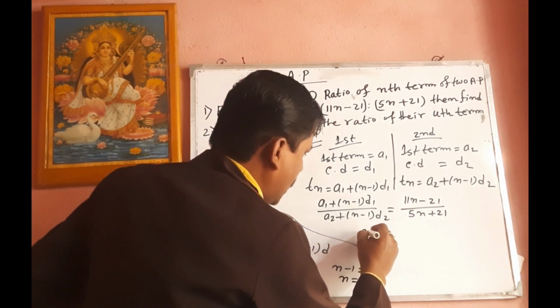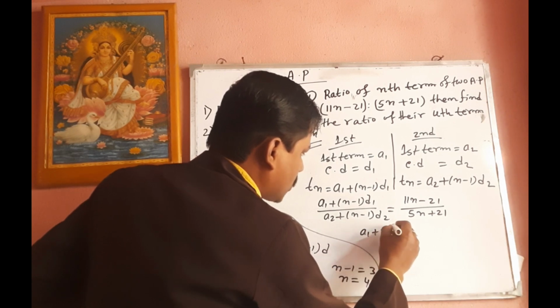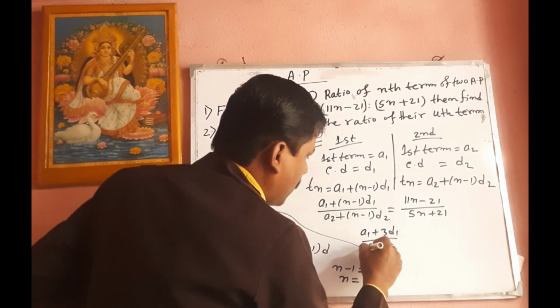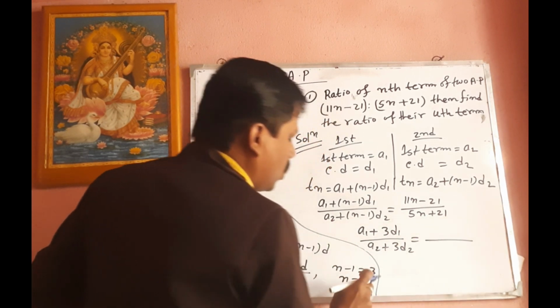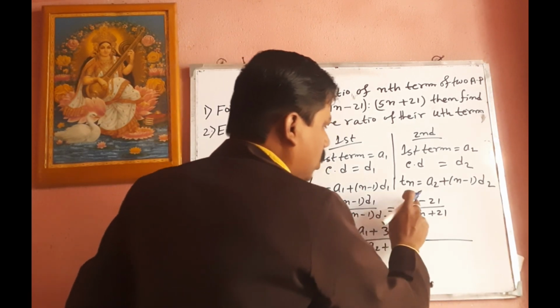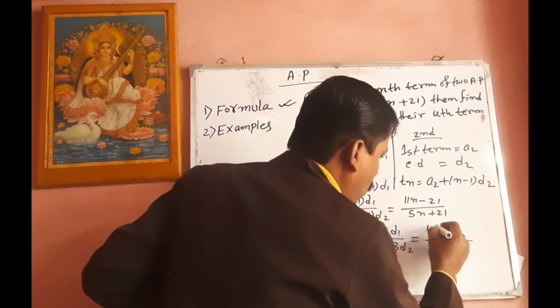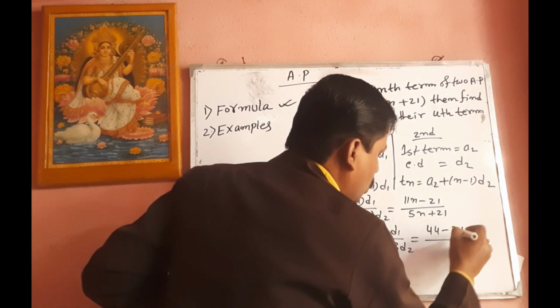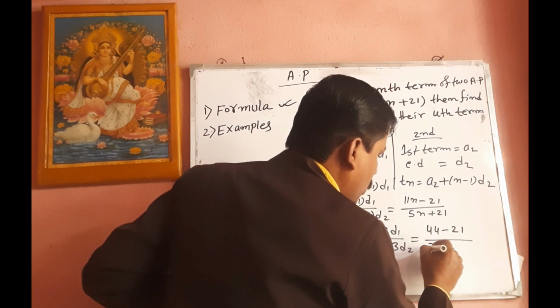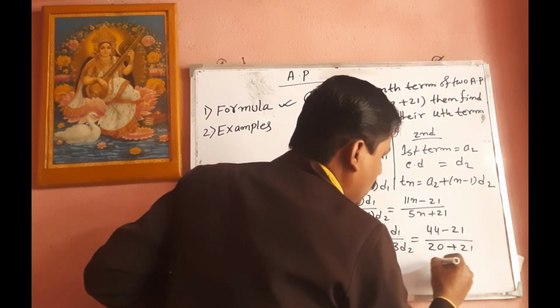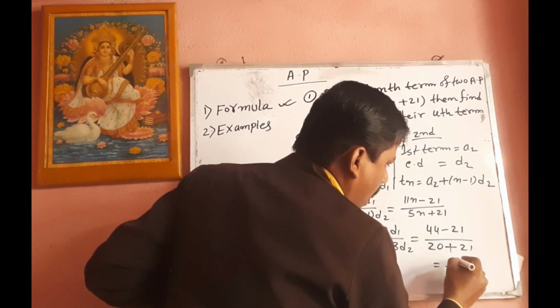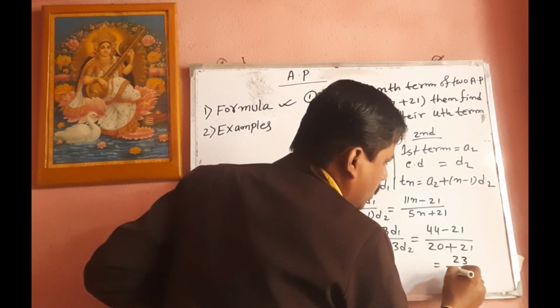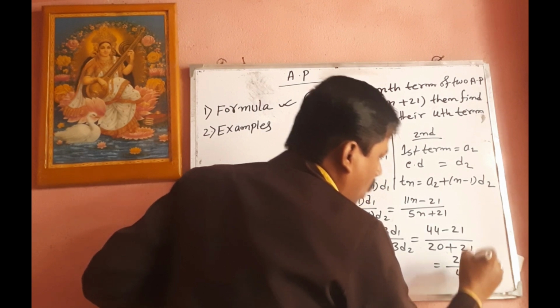If we put 4 here, then we get (a1 plus 3d1) divided by (a2 plus 3d2) is equal to, when we put n equal to 4, (44 minus 21) divided by (20 plus 21). Calculating this, we get 23 and 41.